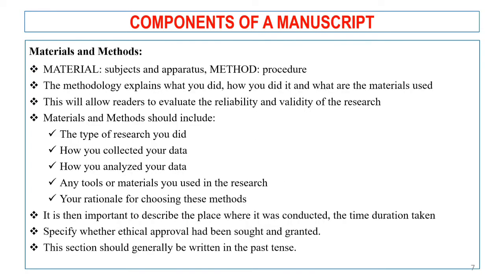The next section of a research manuscript is materials and methods. In this section we explain the subjects, the apparatus, and the procedures we have used to solve our research problem.